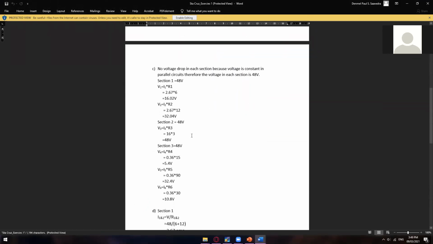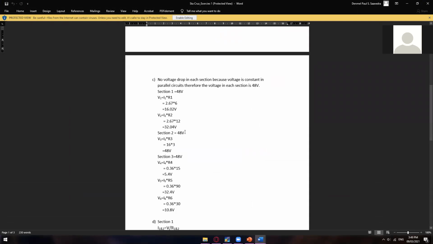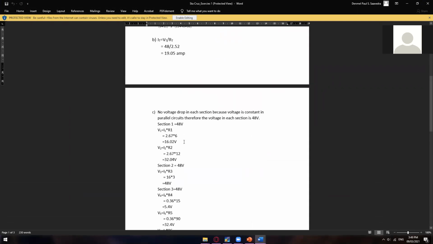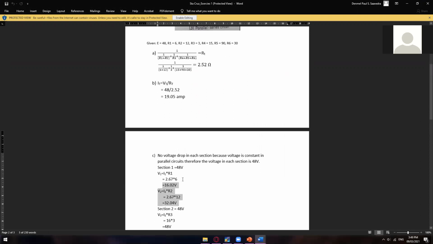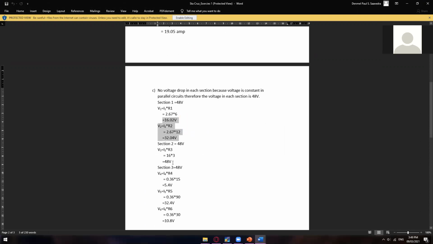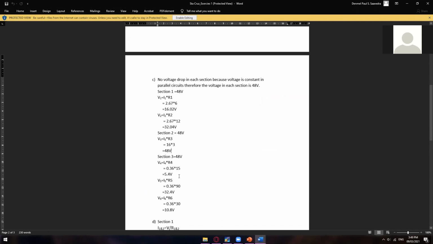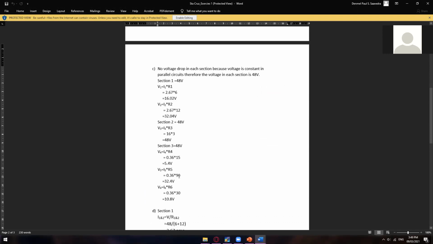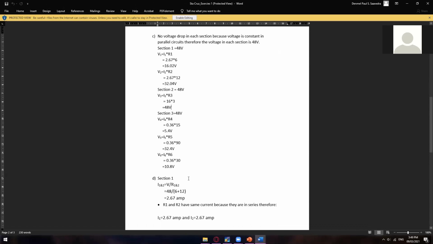Sir, VR1 is... sir, those are sections of 48, but when you take the voltage, it's 48. Let me check. That's what I did, sir. Since the question is about VR1, VR. But if it's just a section, sir, that's all. If it's just a section, then all the way it's 48 volts.